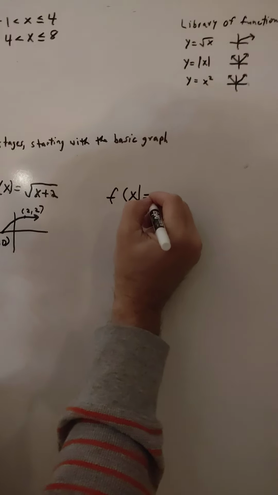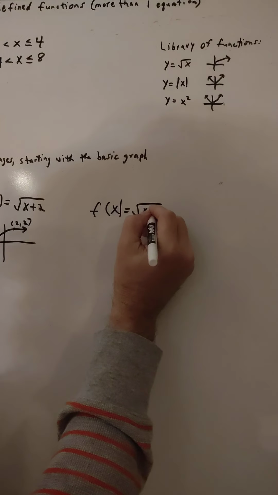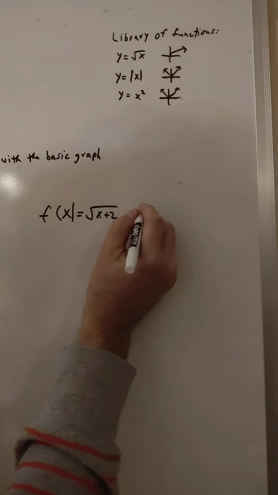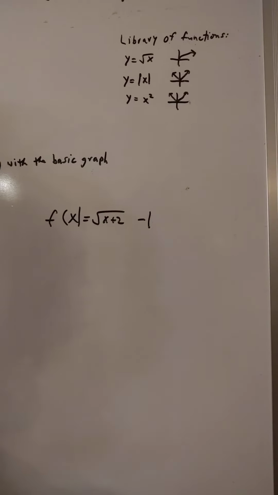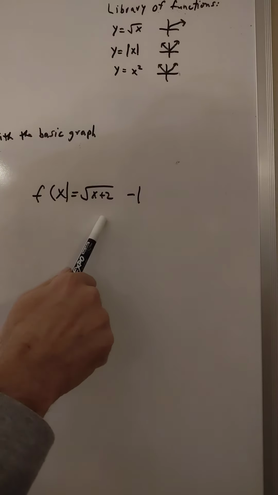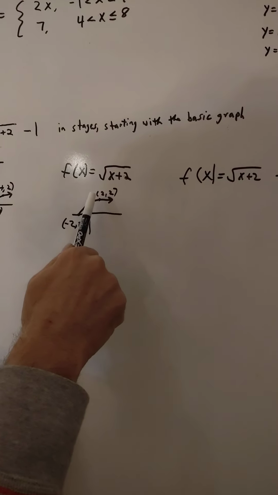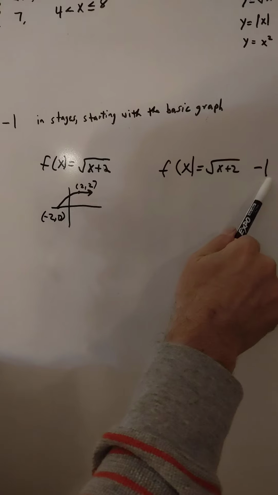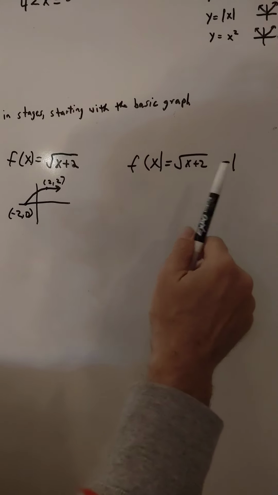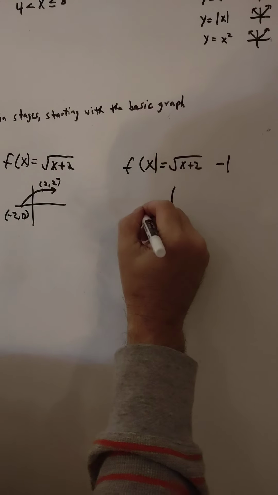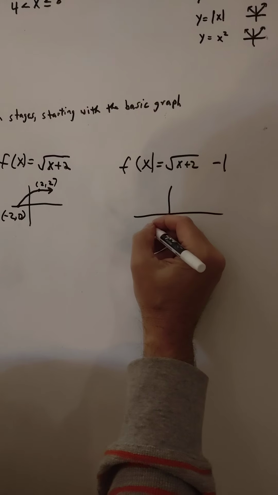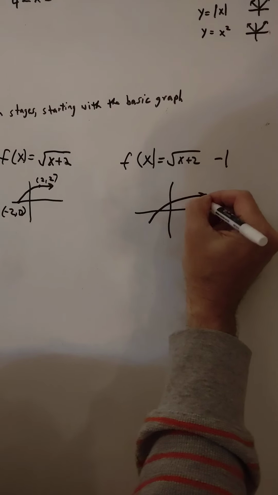Let's do f of x equals the square root of x plus 2 minus 1. That's the whole enchilada there. And what is this graph going to look like? It's going to look remarkably like the prior graph, except we're going to drop down this graph 1 unit. That's what that vertical shift means. It affects the y-axis. So watch how quickly we can graph this. Done.